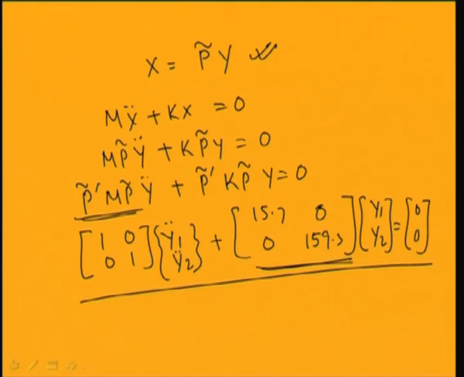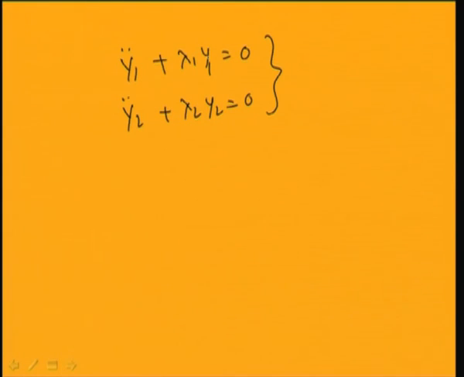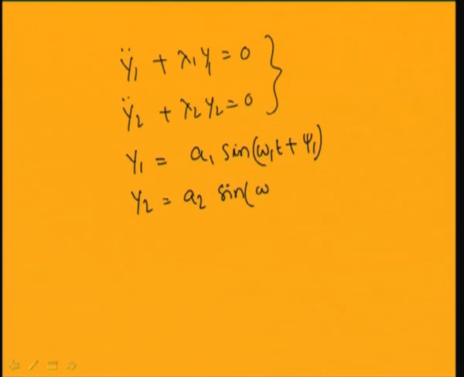Now, you can write the solution. The solution of the first equation, y1 double dot plus lambda 1 y1 equal to 0, is y1 equal to a1 sin of omega 1 t plus psi 1, where lambda 1 is omega 1 square, and y2 becomes a2 sin of omega 2 t plus psi 2.